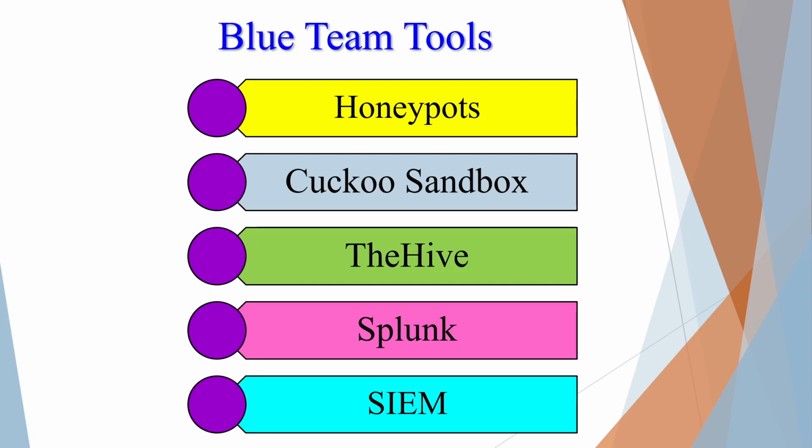The most famous is Splunk. Splunk is a software platform to search, analyze, and visualize the machine-generated data gathered from websites, applications, sensors, devices, etc. The next is SIEM. SIEM software combines security information management (SIM) and security event management (SEM) to provide real-time analysis of security alerts generated by applications and network hardware.